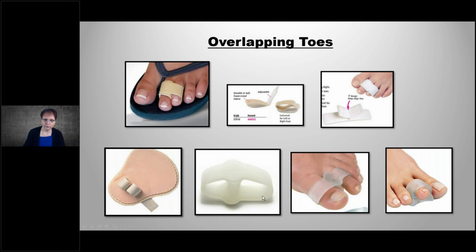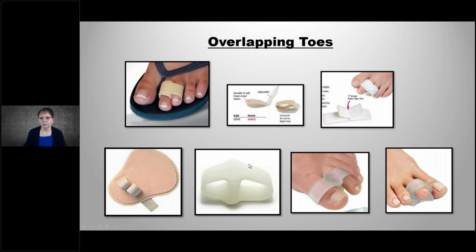Back to that boot and splint. This is another kind of silicone like these are that you can see would go between two toes, or they can take that overlapping toe with just the one that we looked at a minute ago. So lots of options for that all work. Why do some people like one versus another?